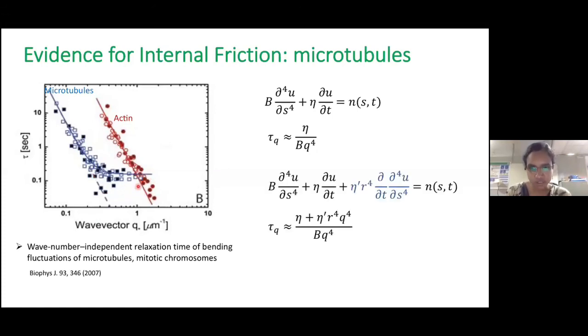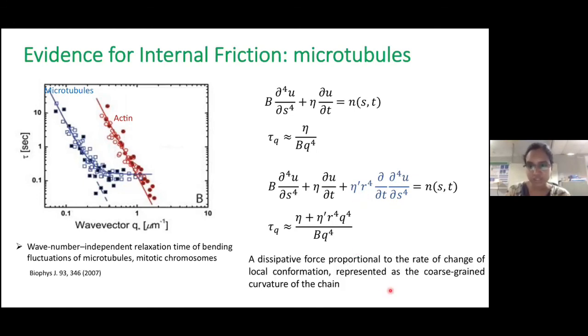So these authors added a term by hand, which is proportional to the rate of change of curvature. Here del 4u by del s4 is essentially curvature, and you have a local dissipative force that is proportional to the rate of change of curvature of the filament. By adding this term purely on a phenomenological basis, you can get a wave number independent time scale.